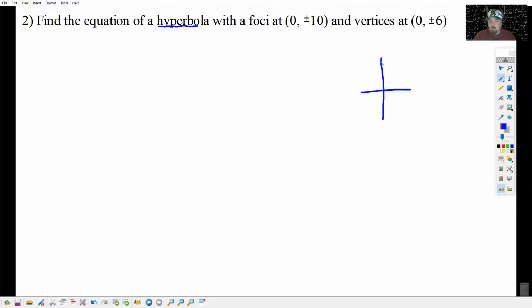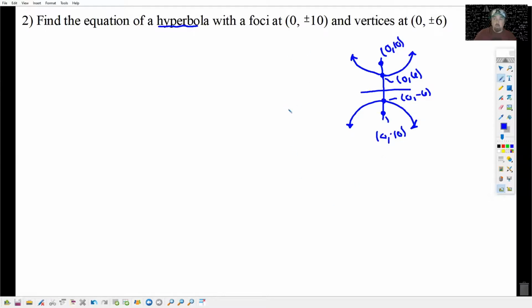Our foci are right here, our vertices are a little bit lower than them, and it opens on the y like this. This is (0, positive 6), this is (0, negative 6), this is (0, positive 10), and this is (0, negative 10).